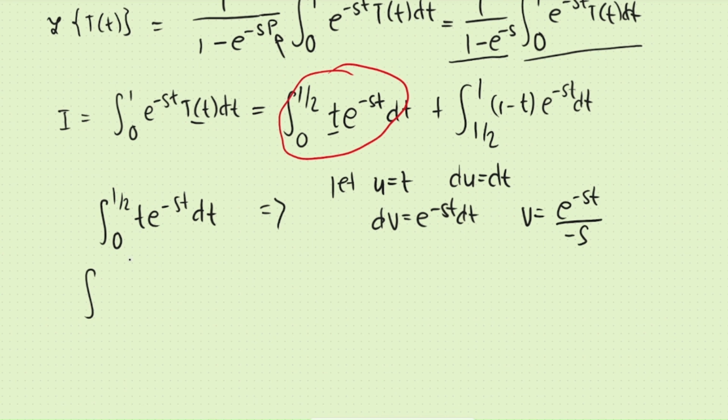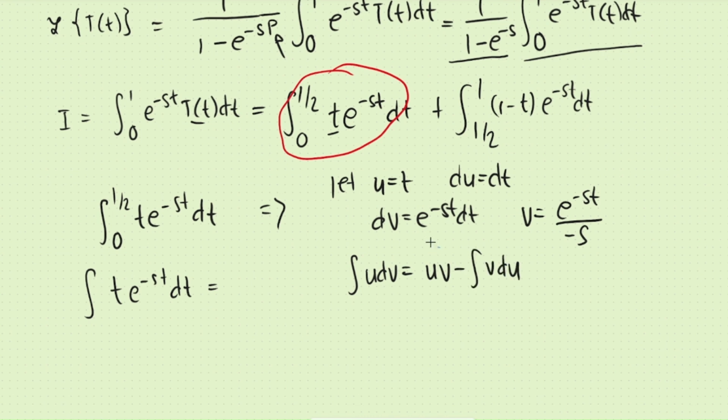So let's solve for the indefinite integral first. Let's forget about the lower and upper limits and consider this indefinite integral first, and we'll plug in those limits later after we find the answer. Just recall that the integral of u dv is equal to uv minus integral of v du.